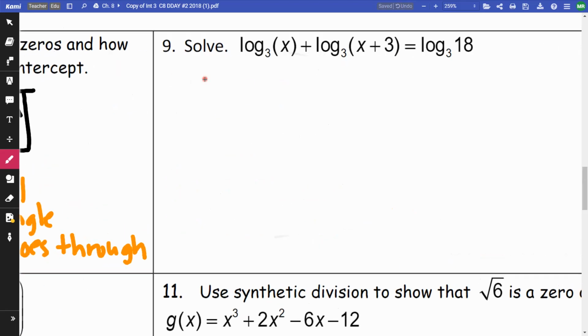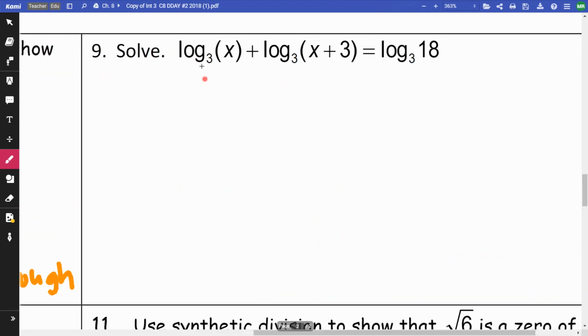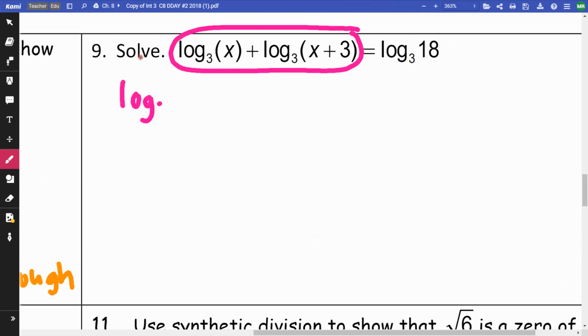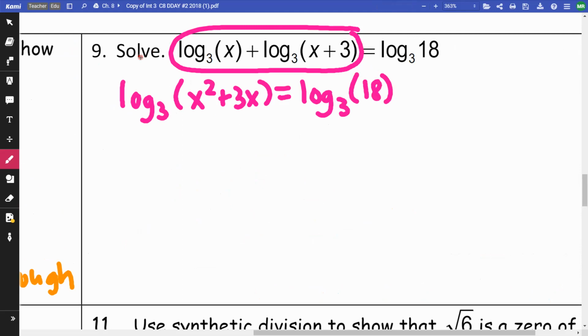Okay, number 9. So this one, again, when you have something in this form where you have 2 logs, you're going to rewrite it as a single log. So it's going to be log base 3 of, and I'm going to multiply the x and the x plus 3. So I get x squared plus 3x. Now, this is slightly different than the one from the last video because we have a log on the other side.